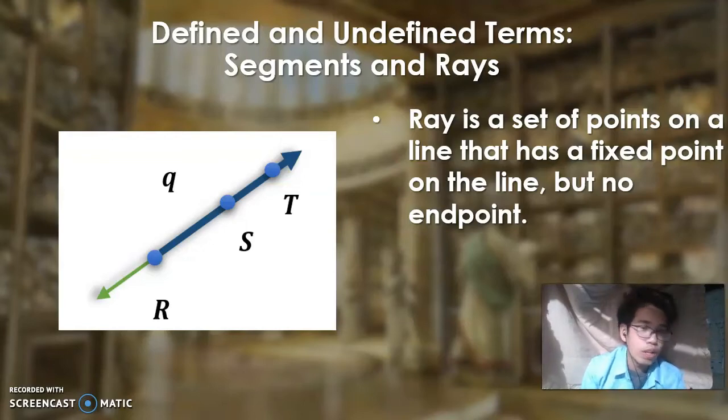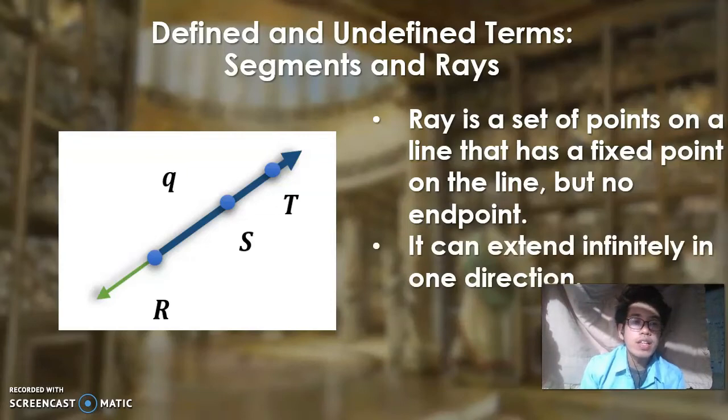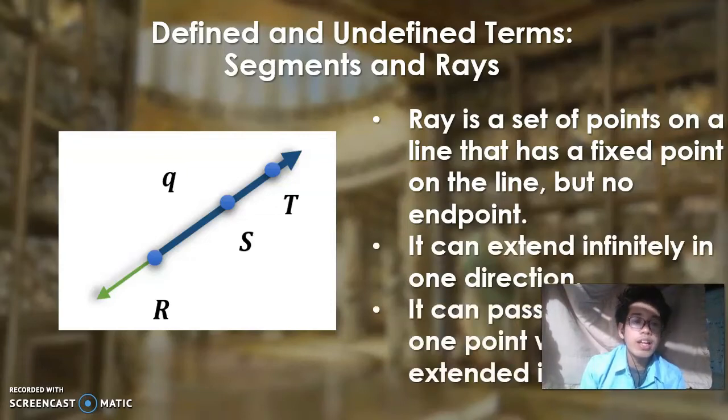That's what you call a ray. A line goes infinitely in both directions, while a ray goes infinitely only in one direction. It can pass more than one point when it is extended infinitely.